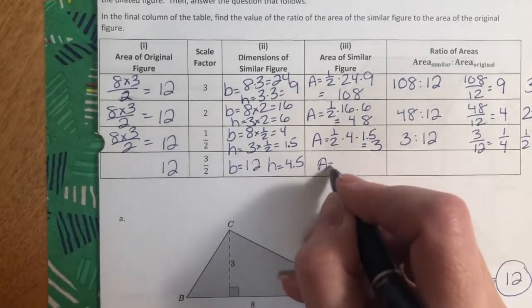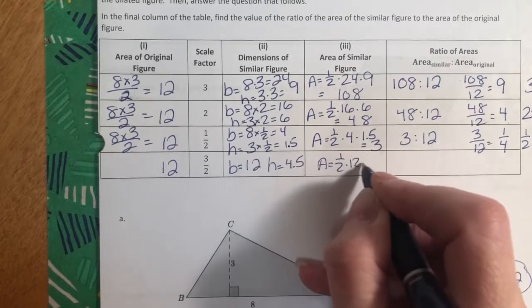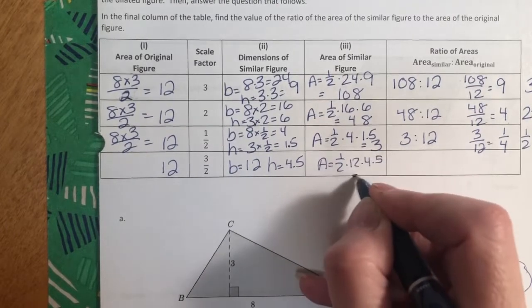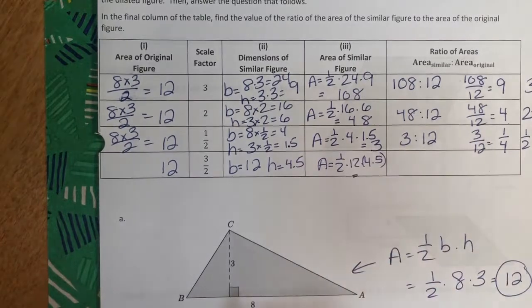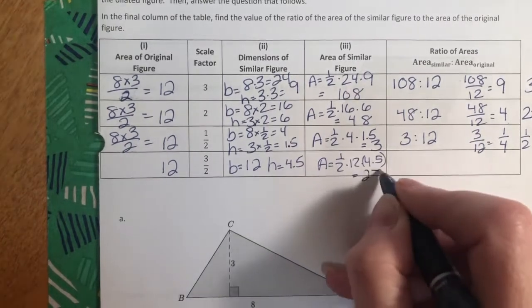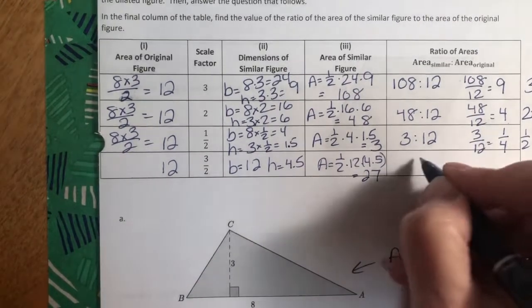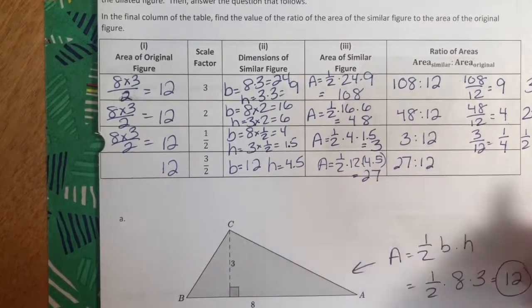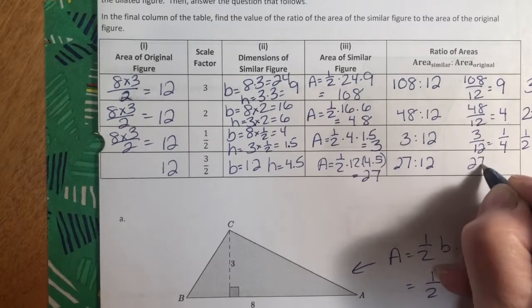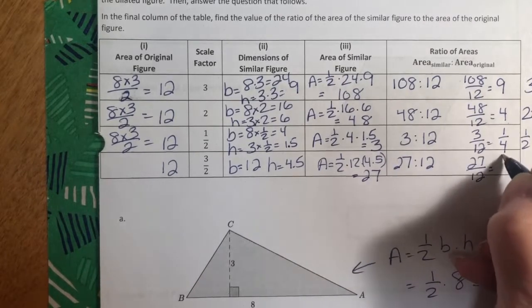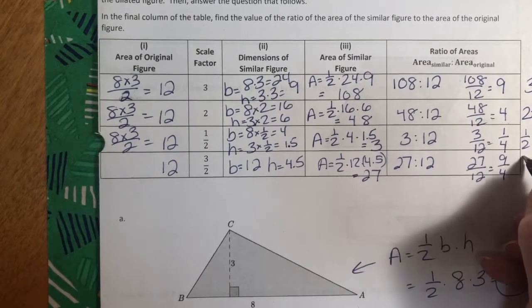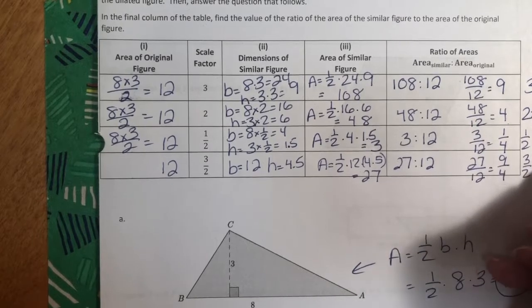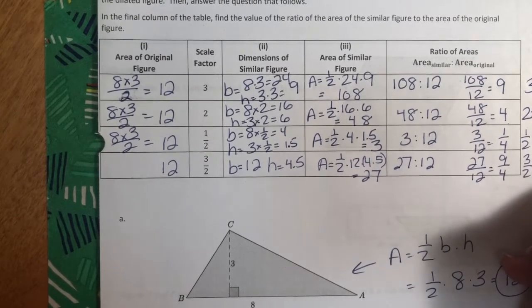The new area is 27. Okay, and if you compare 27 to 12, 27 divided by 12 is 9/4, which is 3/2 times 3/2, or 3/2 squared.